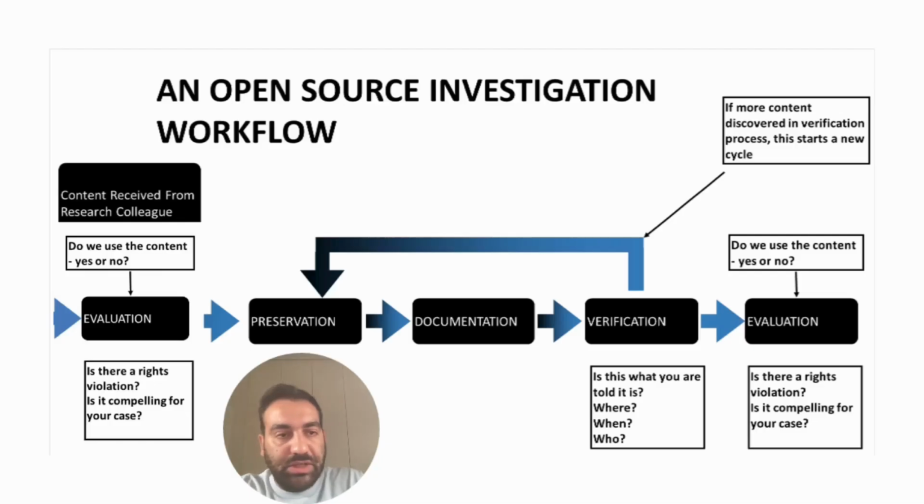So, as we will see here, this is how an open source investigation workflow looks like. First, we start with the content that we receive from a colleague or a researcher. This step initiates the workflow where content, be it images, videos, or documents, is received from a collaborator.